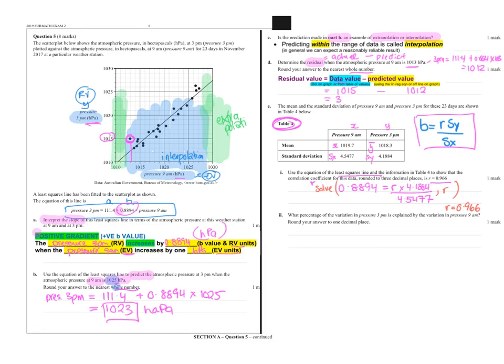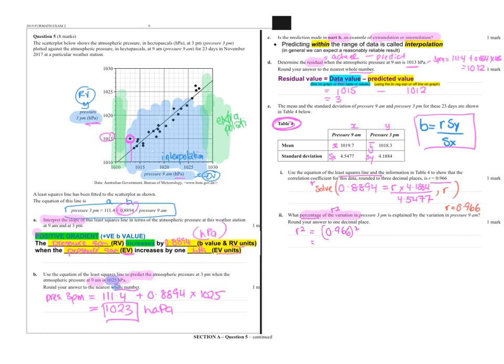Now the next question says what percentage of the variation. When you see percentage variation wording, they're talking about R squared. What percentage of variation in pressure is explained by the variation in that? So for R squared, we're going to use the R value they got, which is 0.966, and we're going to square it and get an answer. Now it says round to 1 decimal place.